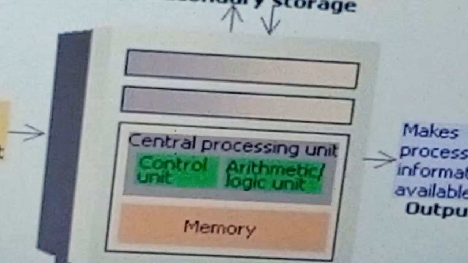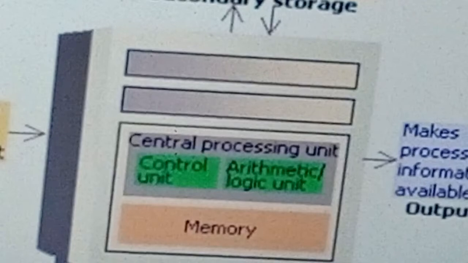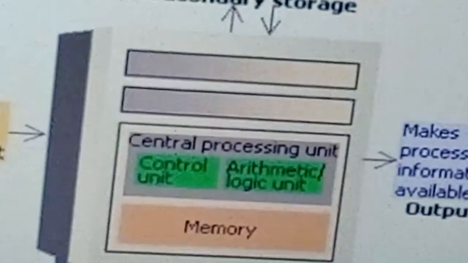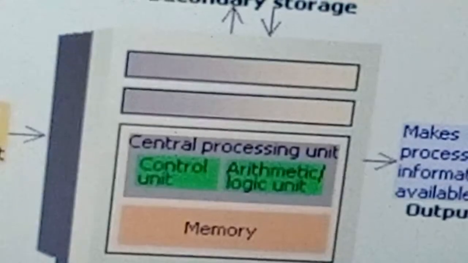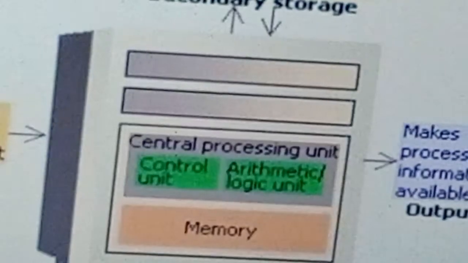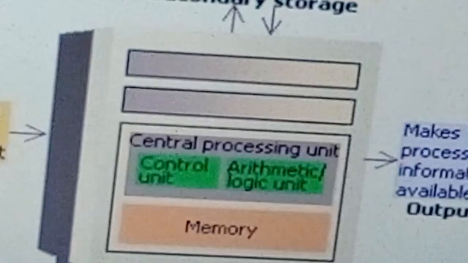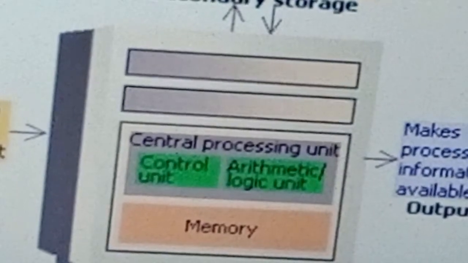Now coming to secondary memory, the data it stores is permanent. The data cannot be processed by the processing unit directly from secondary memory; it transfers the data first into primary memory, and then it is processed by the processing unit.